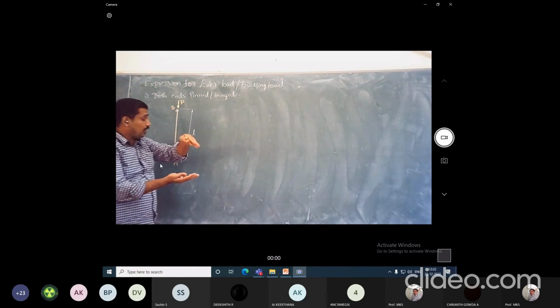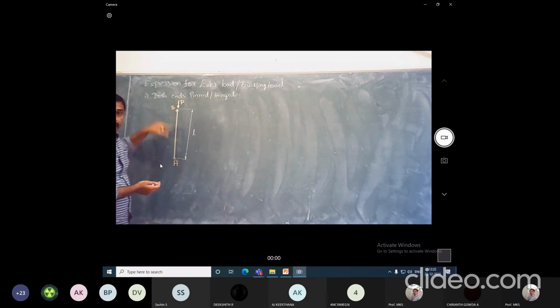Due to this applied load, the column, which is straight, will change its shape, or it is going to bend, in this manner, due to the applied critical load or buckling load. The column is going to bend with respect to the supports, as shown.